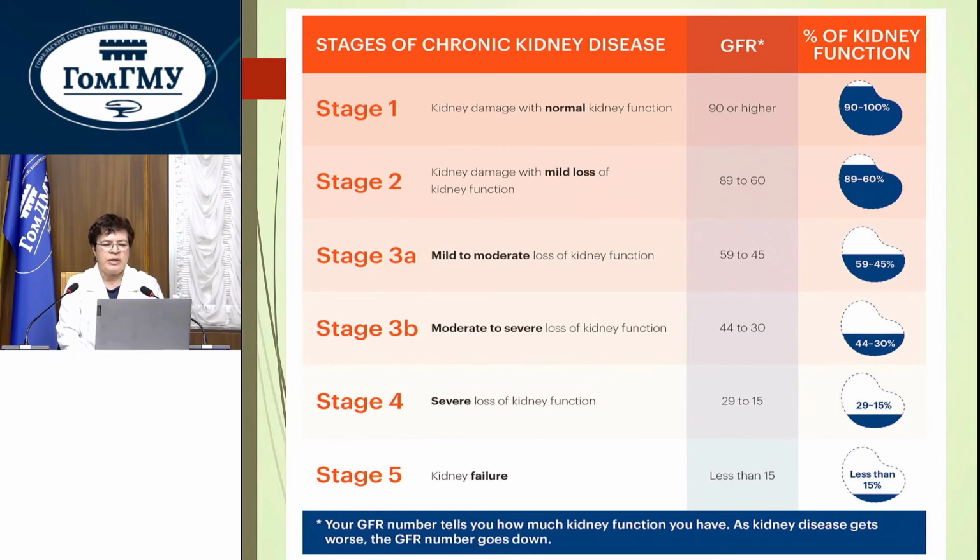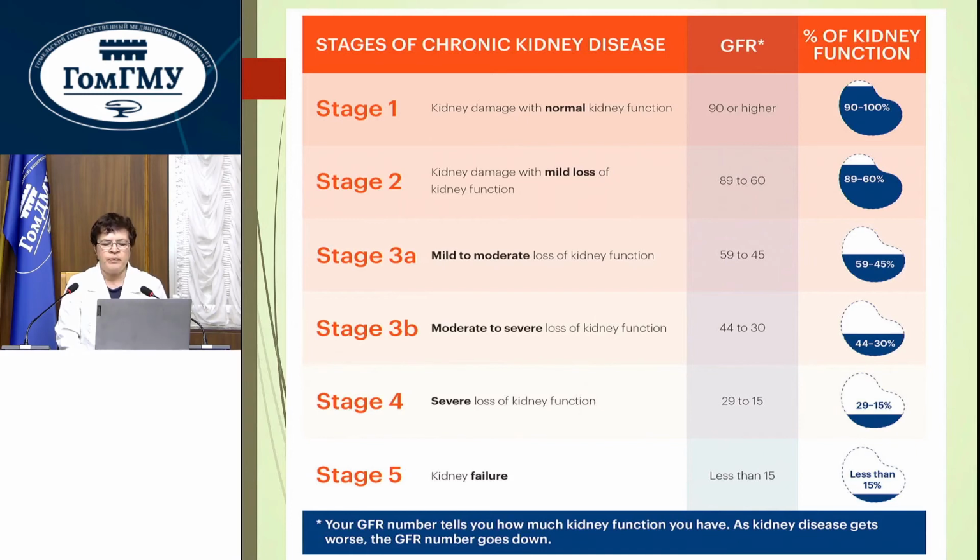Stage 3A, mild to moderate loss of kidney function. Glomerular filtration rate is from 59 to 45, and the percent of kidney function is the same. Stage 3B, moderate to severe loss of kidney function. Glomerular filtration rate is from 44 to 30, and the percent of kidney function is the same.